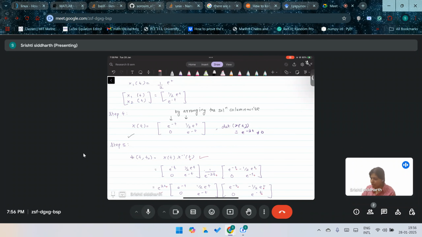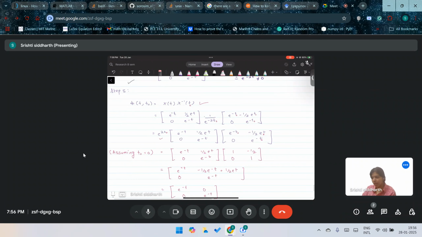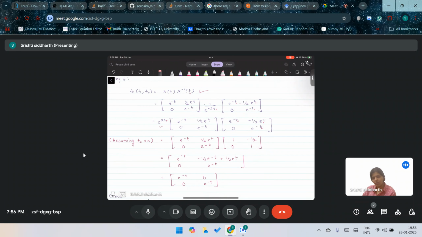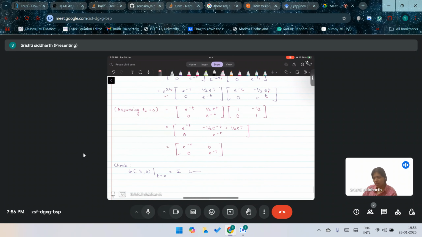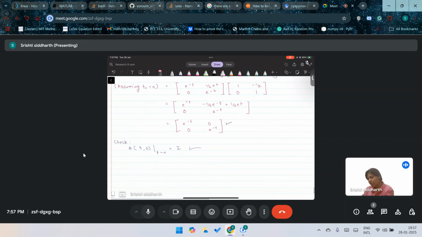And then find out the state transition matrix using this formula, X of t times X inverse of t naught. And then we assume that, let's say that the initial time is 0, and then we found out what the state transition matrix looks like. And again we checked a very simple property, if this matrix satisfies the state transition matrix property.